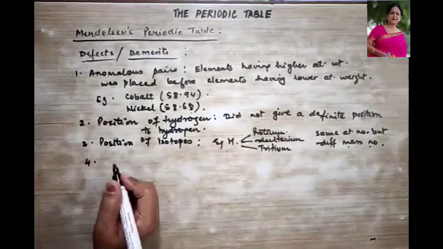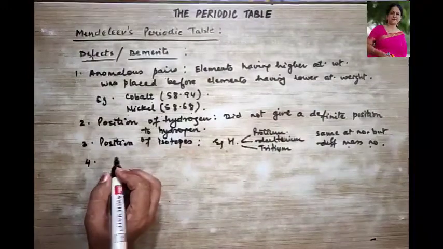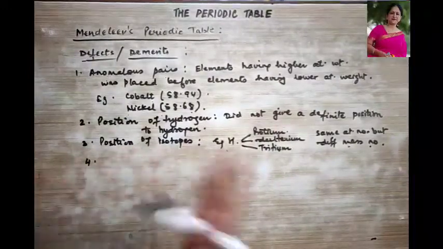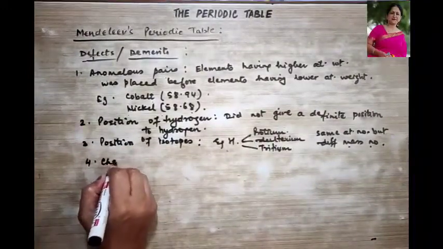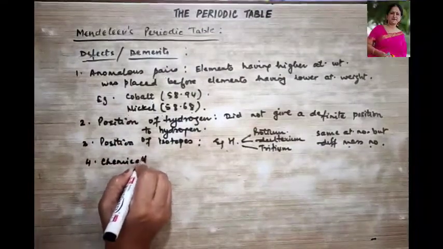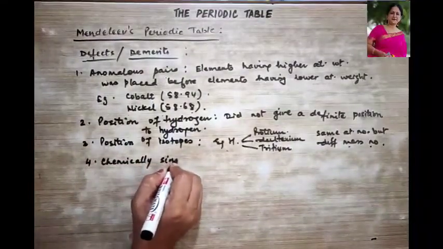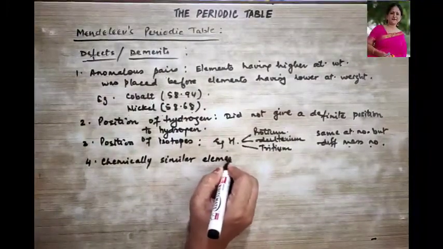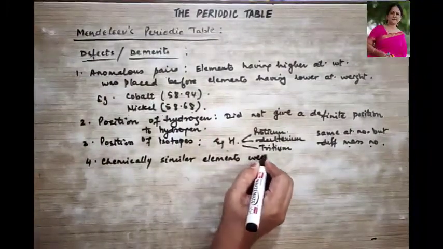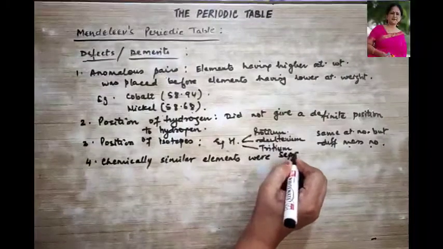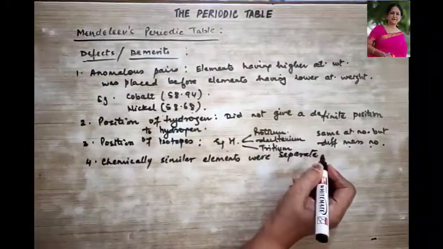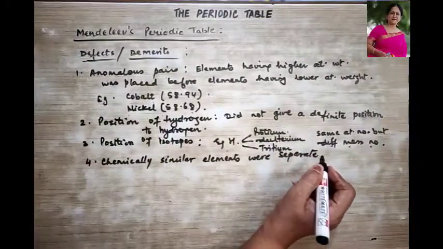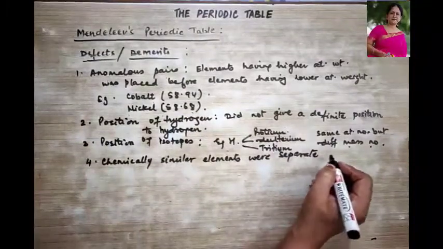Then coming to the fourth point, the chemically similar elements were separated. Okay, and dissimilar elements had come together.